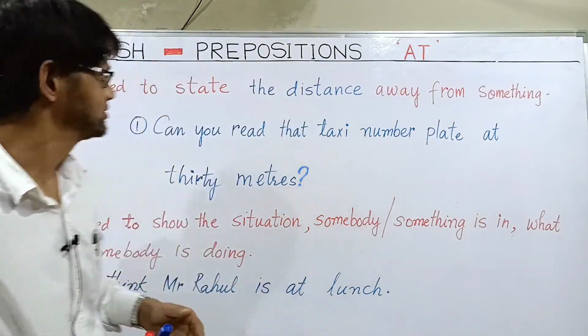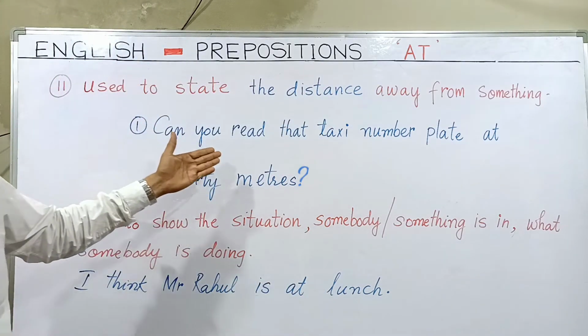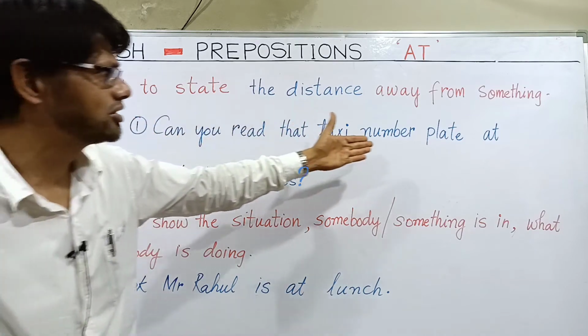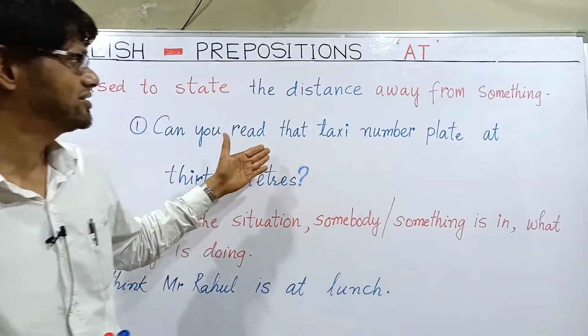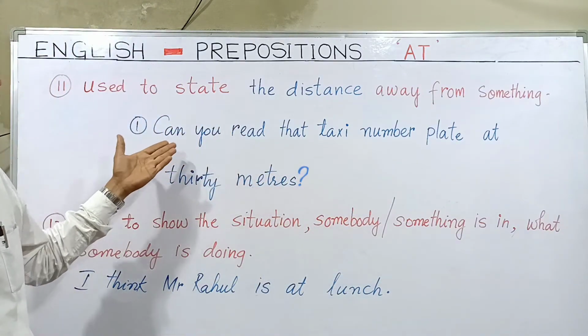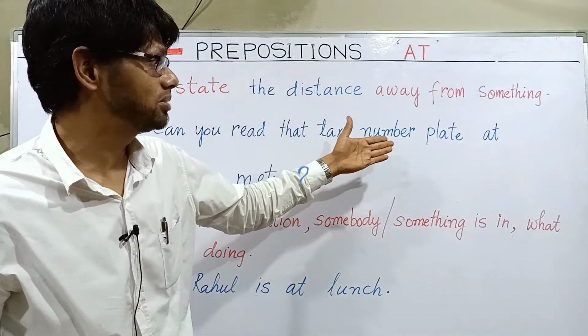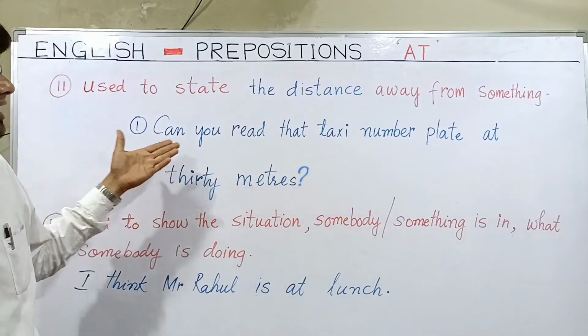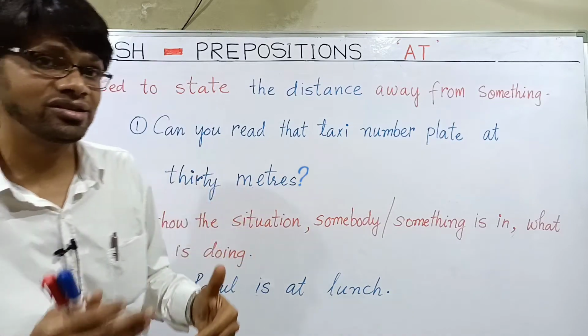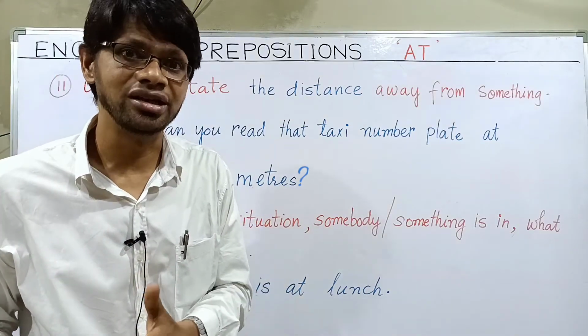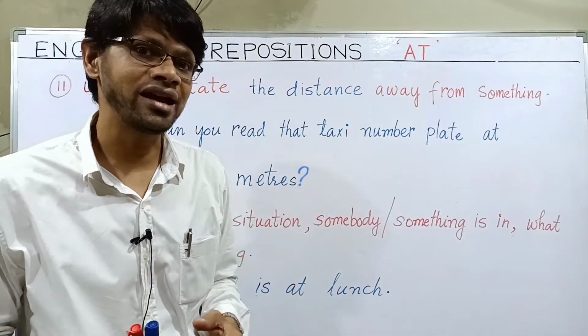Let us see here. Can you read that taxi number plate at 30 meters? What is the meaning of this sentence? It means you are asking somebody to read that taxi number.